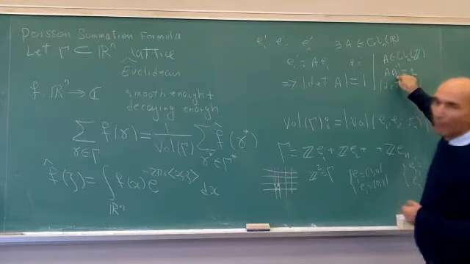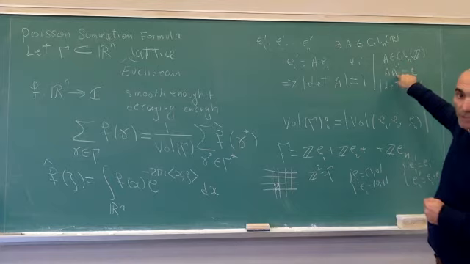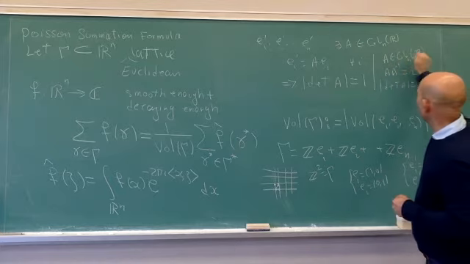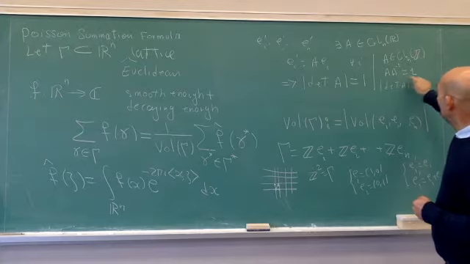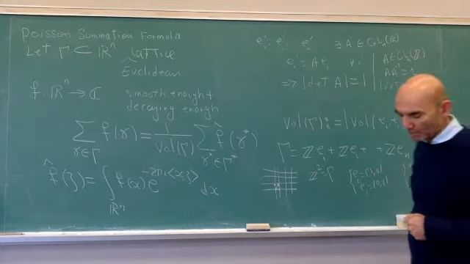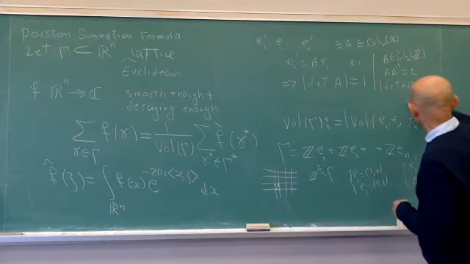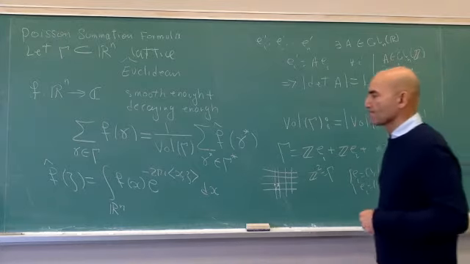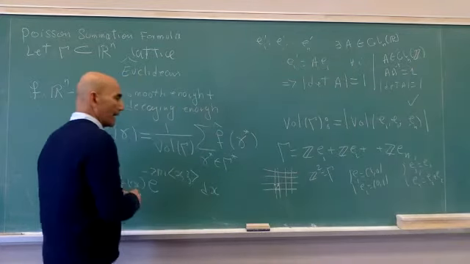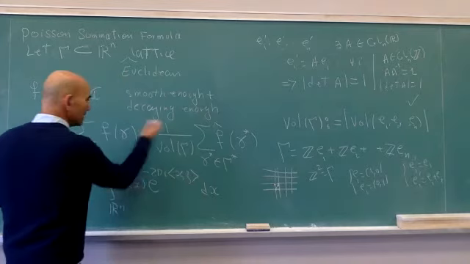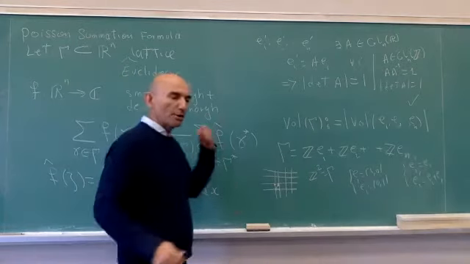There's simply no way for integral matrices whose inverse is also integral to have a determinant other than plus or minus 1. So this shows that volume is independent of the basis. In any case, this is the formula in this case. Any questions?